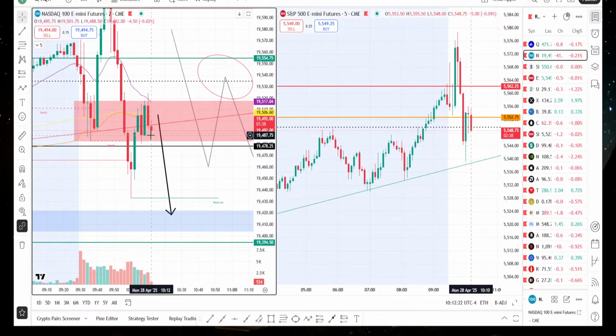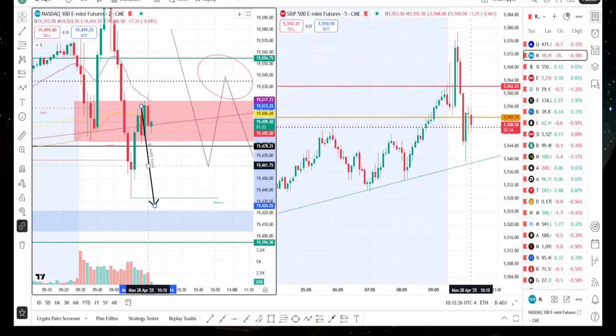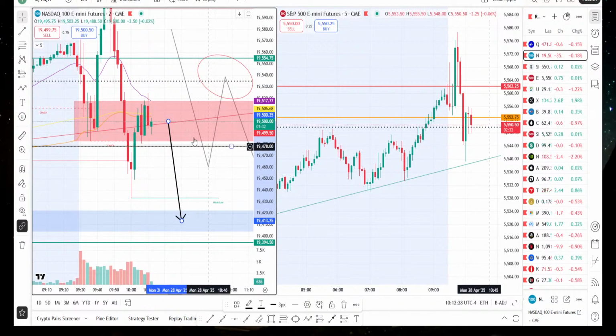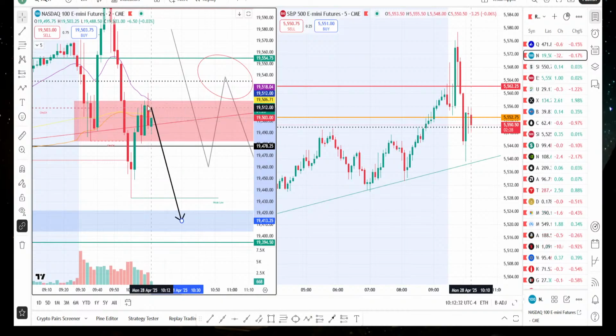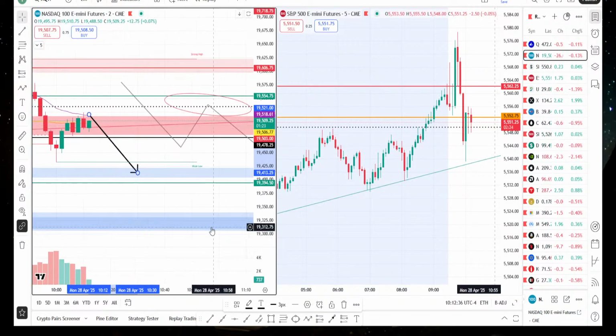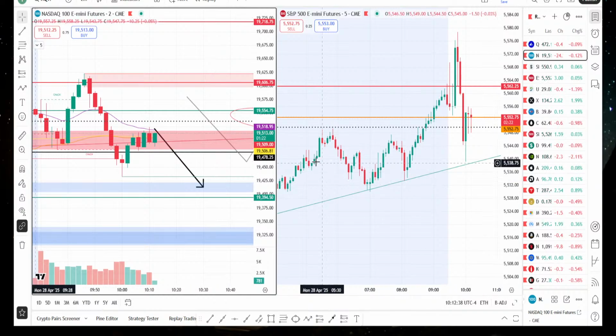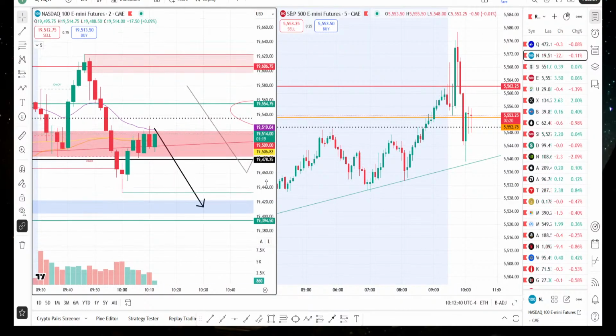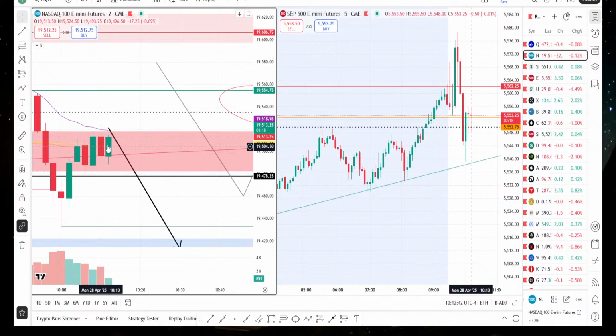All right, sellers are here. If we hold below this 21 EMA, price could come down here. But we need to see follow through, right? We need to see follow through here.